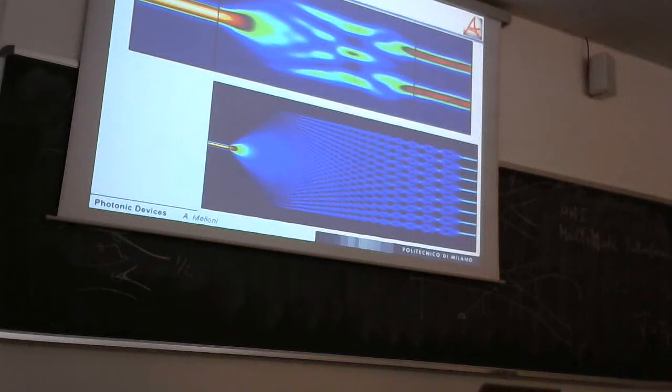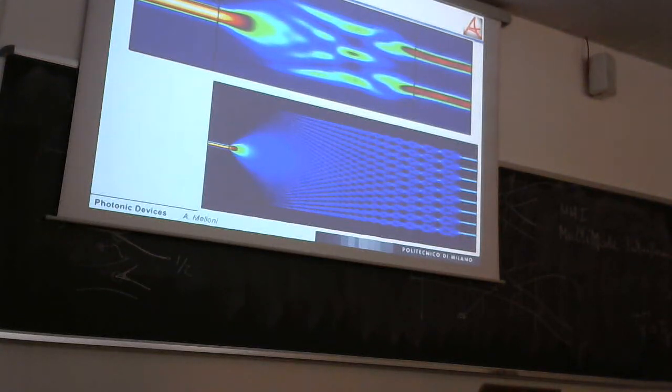And this is seen from the top. There is a waveguide, and here is a very large waveguide, you see. It's like a slab, more or less, very large. And you have this box, and in this case, you have two output waveguides placed here.